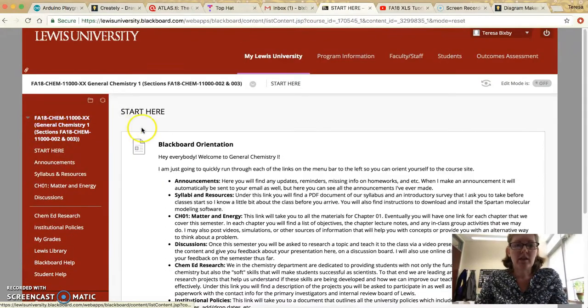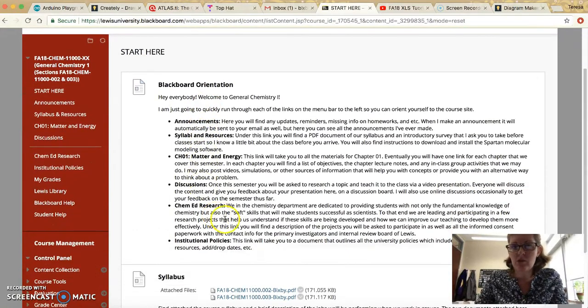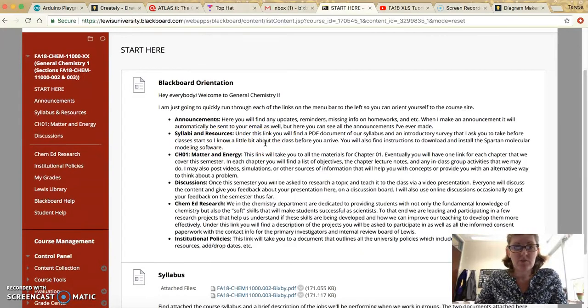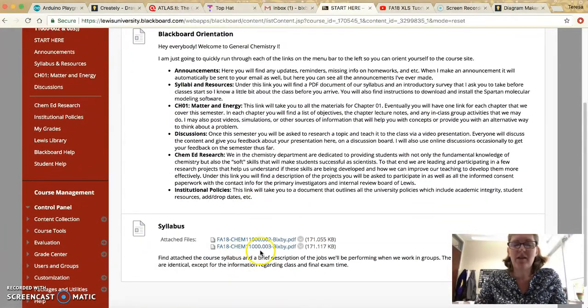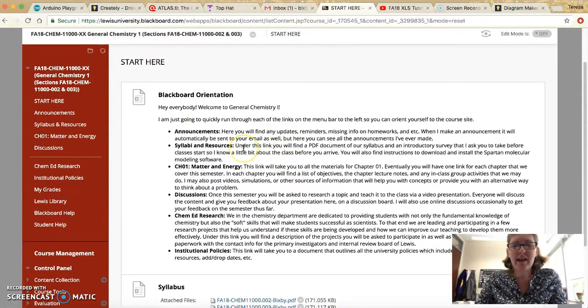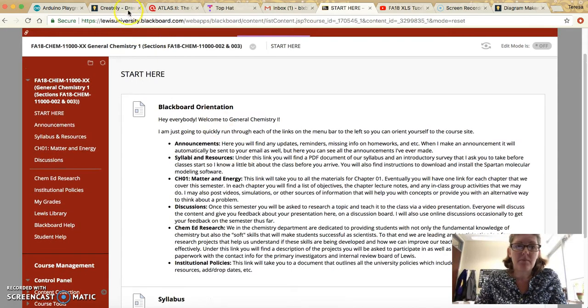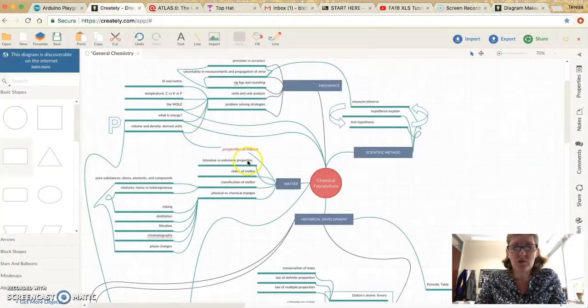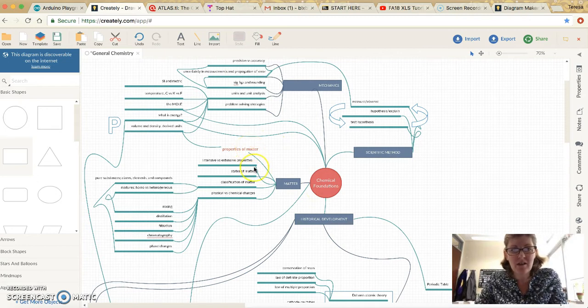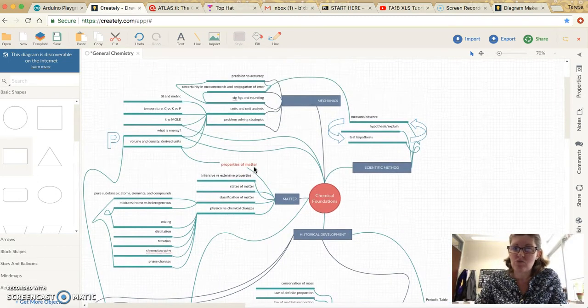Under the Start Here link, there's a quick orientation that I'm going to walk through. I talked about the announcements already. There's also a link for syllabi and resources. Our syllabus is going to be there, not here. I'll move it over there, along with any other resources that you need. For example, we'll be using a concept mapping tool called Creately, where I'm going to have you look at how the concepts that we talk about fit together, because I think drawing those connections is really important.